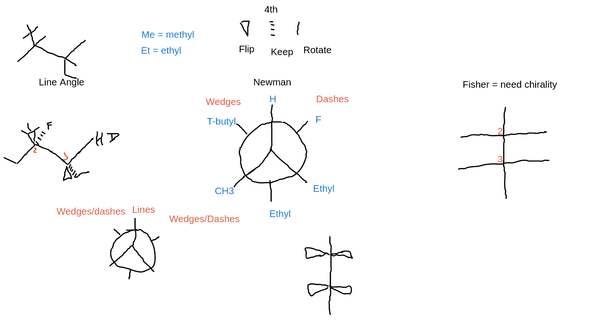All right. So for Fischer, let's go through chirality again, all that fun stuff. So carbon 3, okay. So let me rewrite that. So carbon 3, we're going to use orange again.